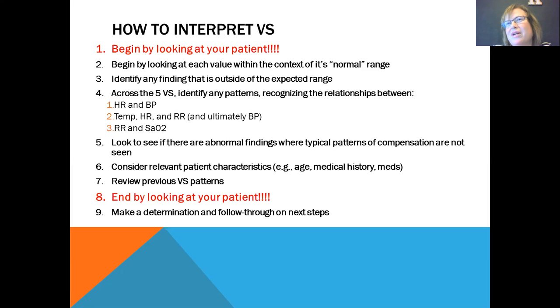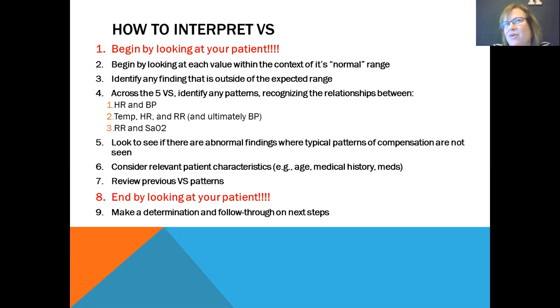Remember, the respiratory and the cardiovascular system are so closely related that we often see a relationship between the respiratory rate and the heart rate and the blood pressure, and the respiratory rate and the O2 sat. Look to see if there are any abnormal findings where typical patterns of compensation are not seen. And we'll talk about those typical patterns of compensation as we go through our examples.